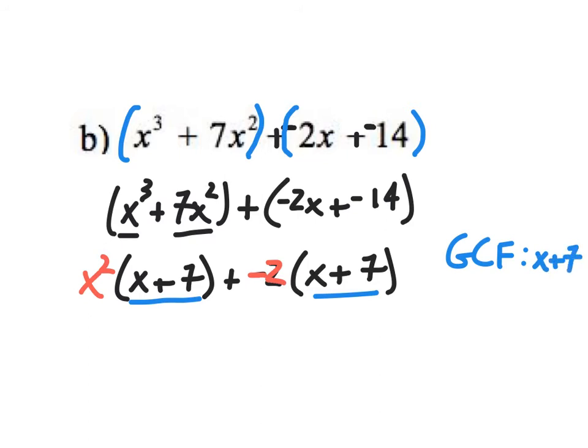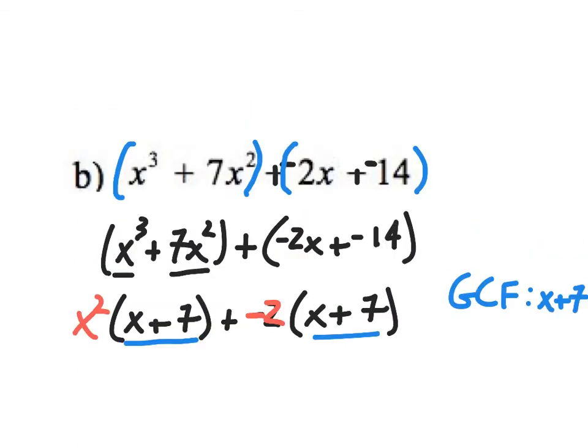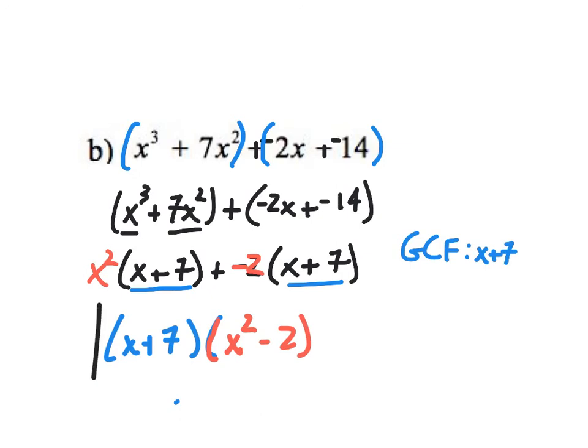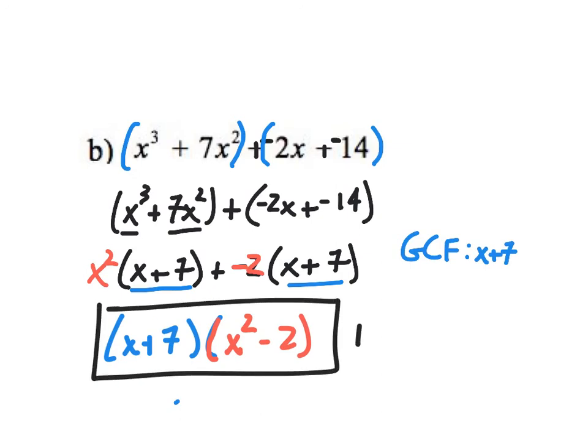Now I can factor that out, and a common x plus 7 can be factored out, and then I'm left with x squared minus 2, and this whole thing is factored.